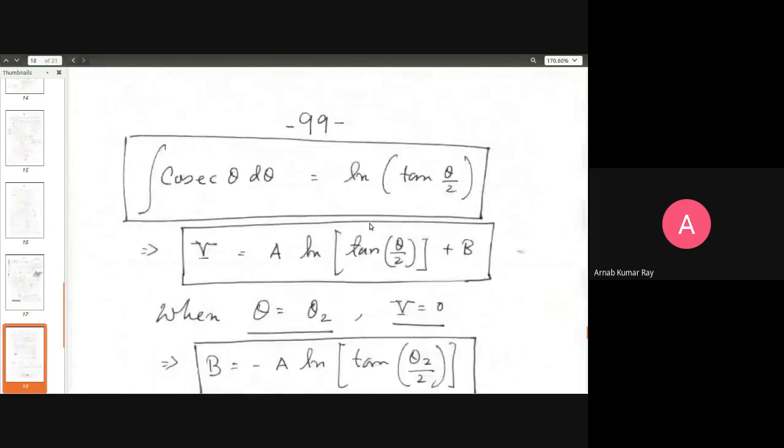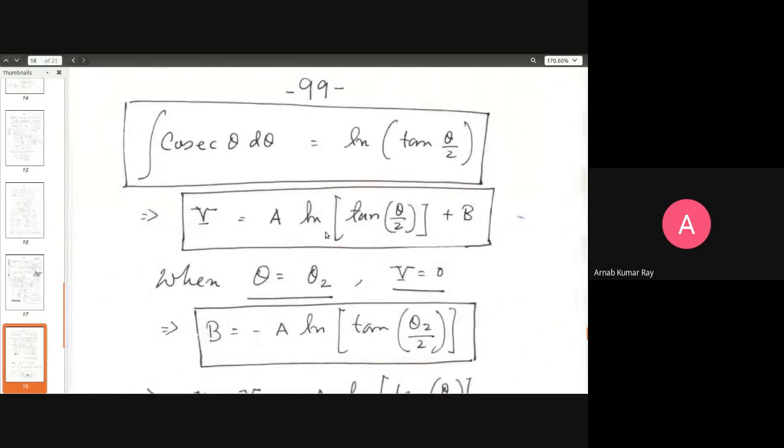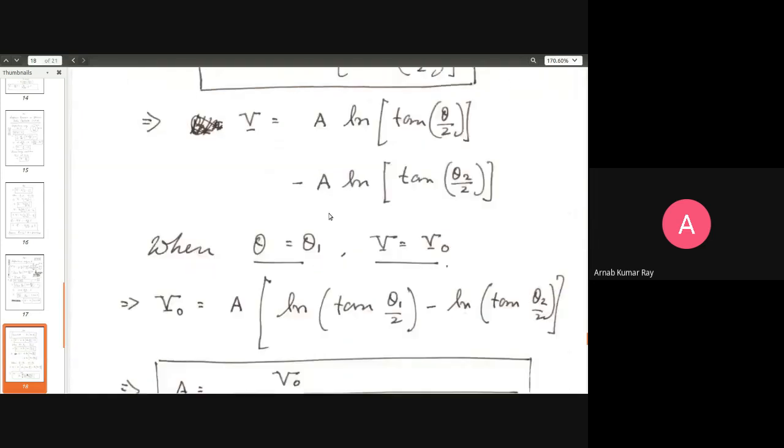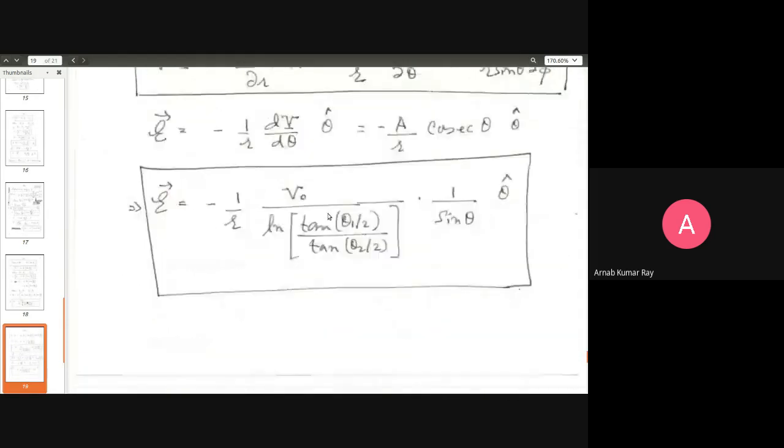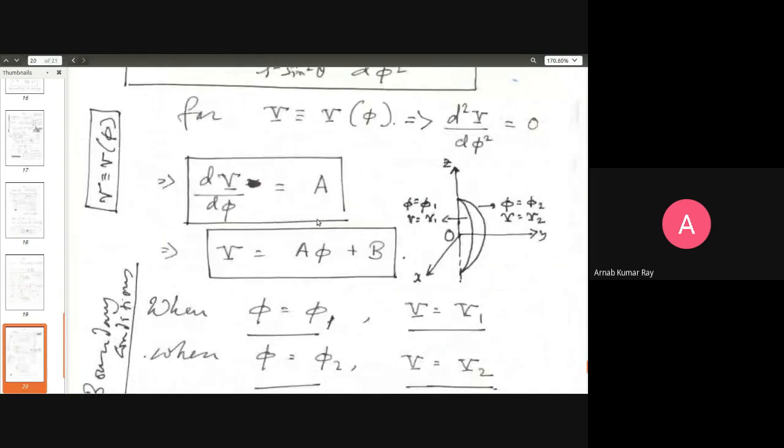It gives you a pretty complicated solution, log of tan theta by 2. So that's also not a very straightforward solution. So r and theta are not solutions of the equation of a straight line. But phi is. The phi coordinate gives you the equation of a straight line.